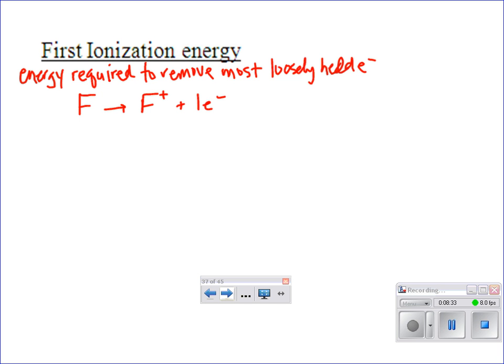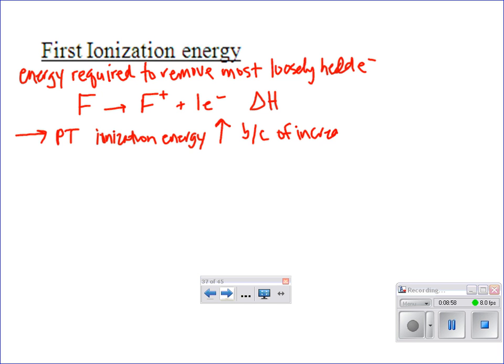The energy required to make that reaction happen would be considered the ionization energy. So the general trend as you go across the periodic table, ionization energy increases, because of increased nuclear pull. It gets harder and harder to remove an electron the smaller the atom is.